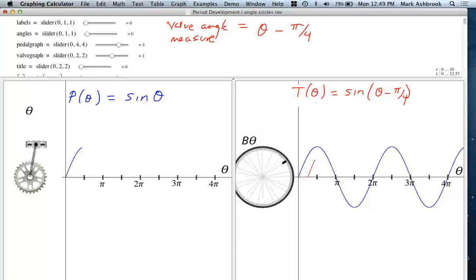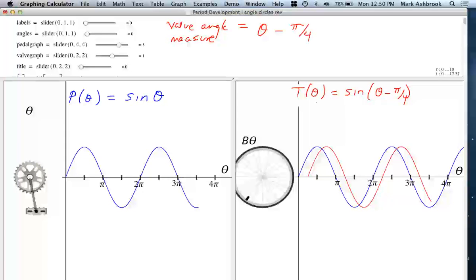Now starting at pi over 4, that's when the tire valve cycle starts. You need to see that red graph as being to the right because the cycle is starting later. It's behind the blue one. Because the tire valve is lagging behind, you need to go forward more angle before its cycle starts.